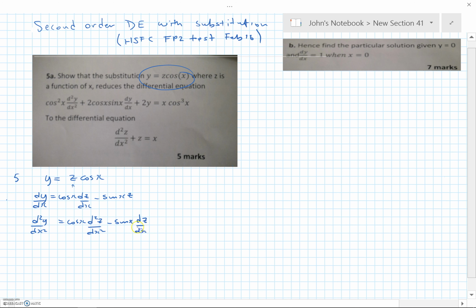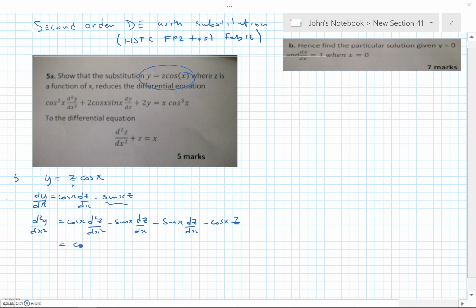I have only done the first part of this expression there. Now I'm going to do this part: differentiate the z, I get dz by dx, but that's times sin x. And differentiate sin x, I get cos x, but that's just times z, and it's take away because I'm taking away the whole thing.